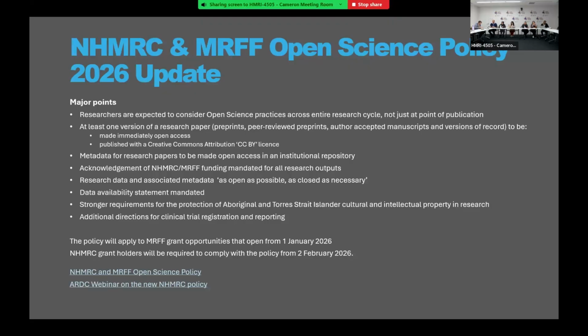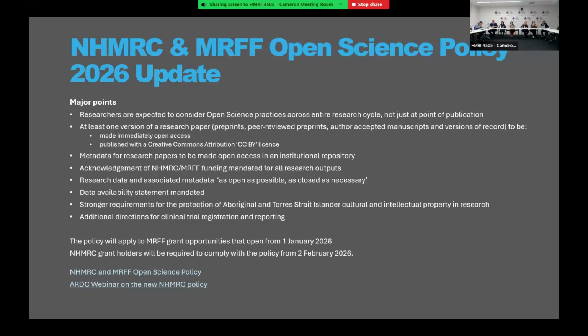The NHMRC don't have a preference for an OA route to make your work open. Something that's not new is they do discourage hybrid journals, but if they're part of one of our read and publish agreements, that's actually okay. Avoid putting your work up on things like ResearchGate and Academia.edu, because they're not part of their repository alignment.